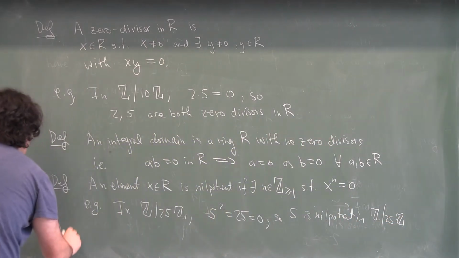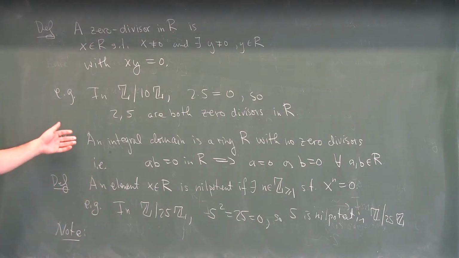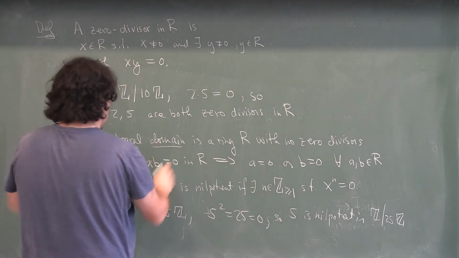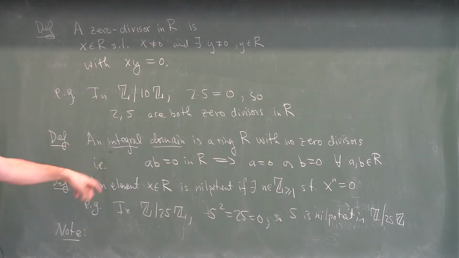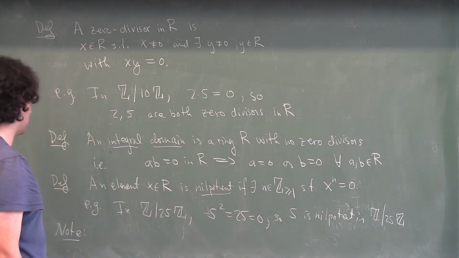Now, note that nilpotent elements do not arise in an integral domain except for 0. 0 is allowed as a nilpotent element. I didn't say x not equal to 0.